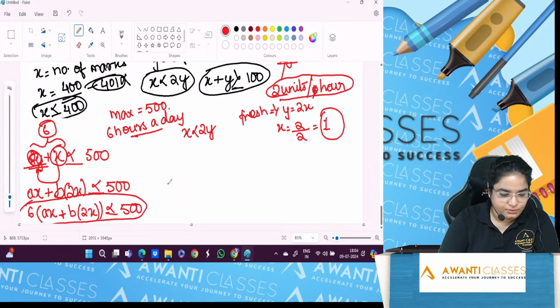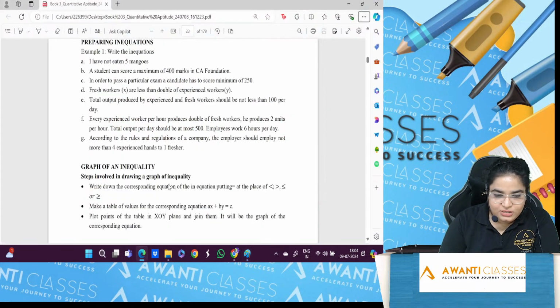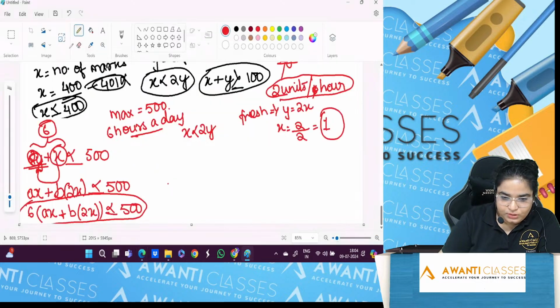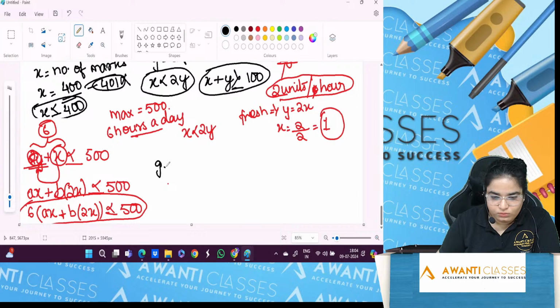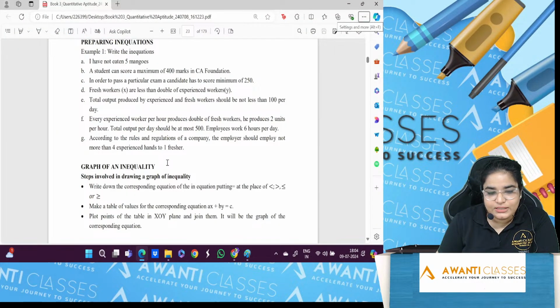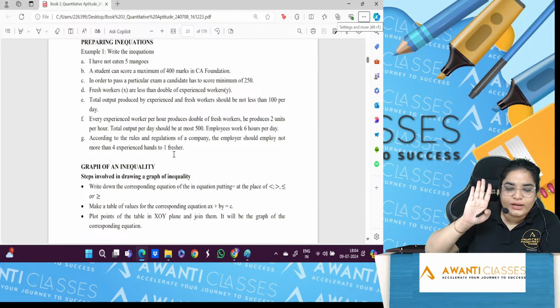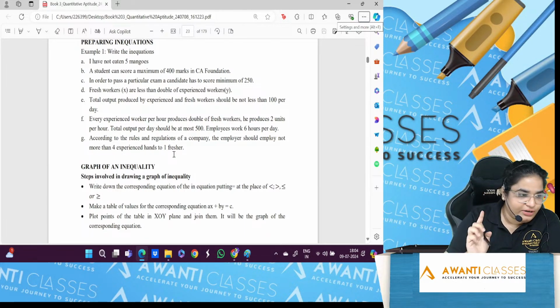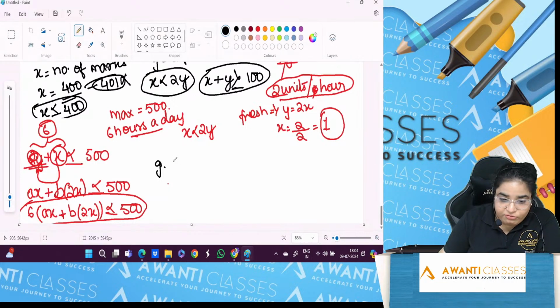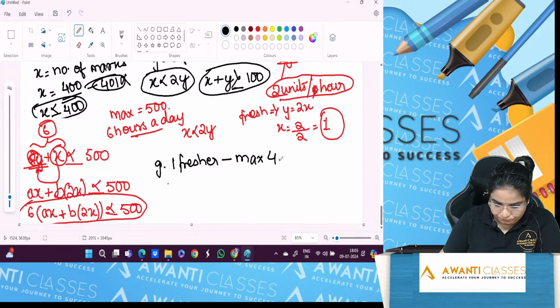We will proceed. Okay? Let us now look at G. What do they say? They say according to the rules of a company, the employer should not employ more than 4 experienced hands to 1 fresher. So if there is 1 fresher, there should be a maximum of 4 or less than 4.